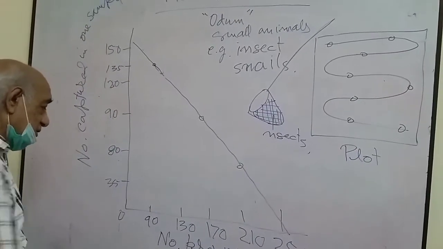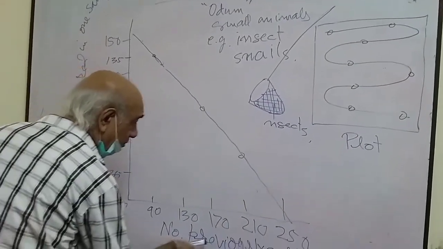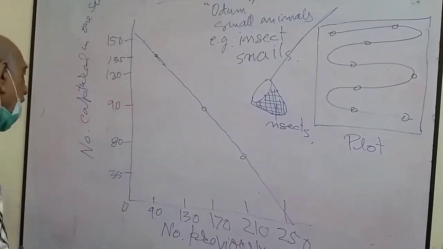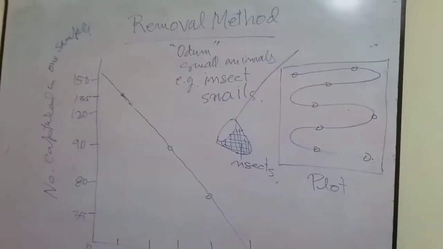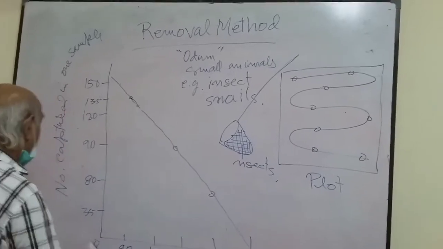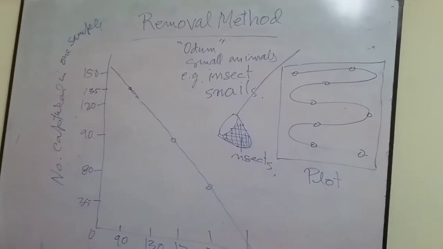Been caught. So here on the x-axis is the number previously captured, and this is the number captured. You plot the number previously captured against the number captured.